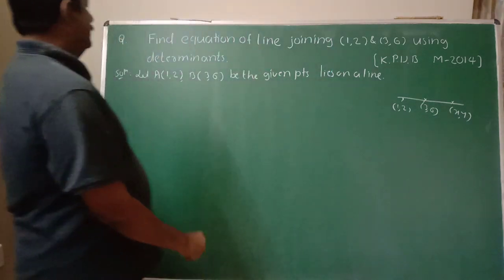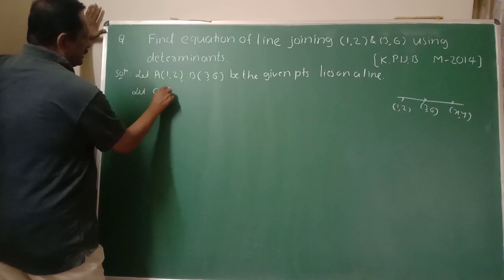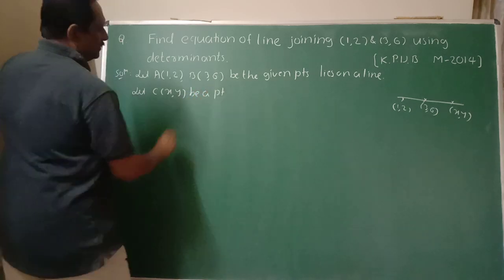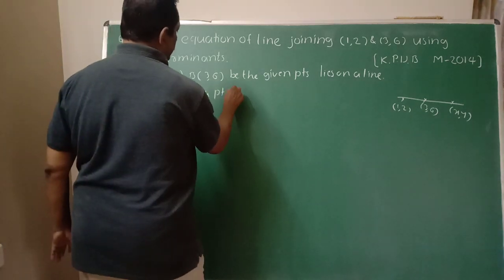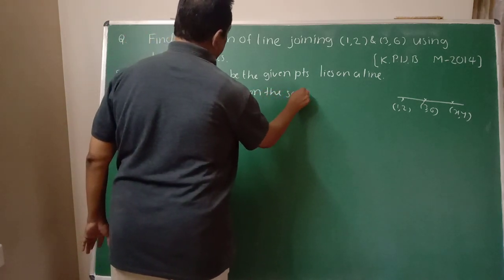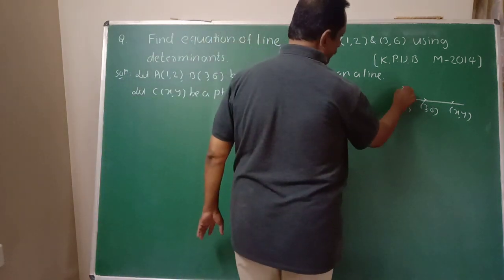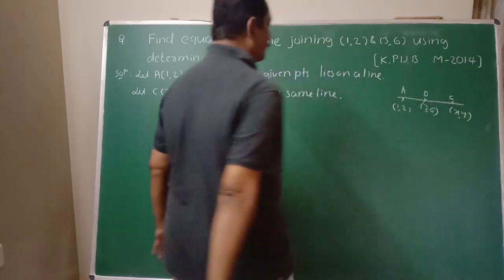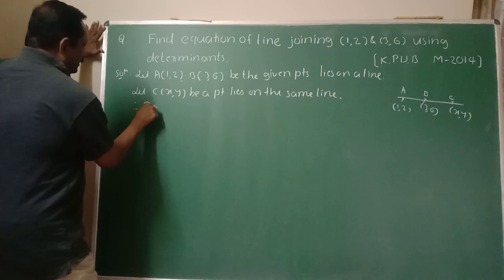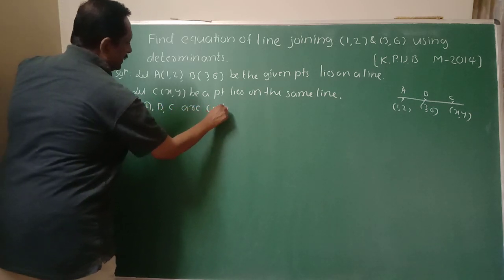Let us consider one more point here. Let C (x, y) be a point that lies on the same line. Here is point A, this point B and this point C. The points A, B, C are collinear.